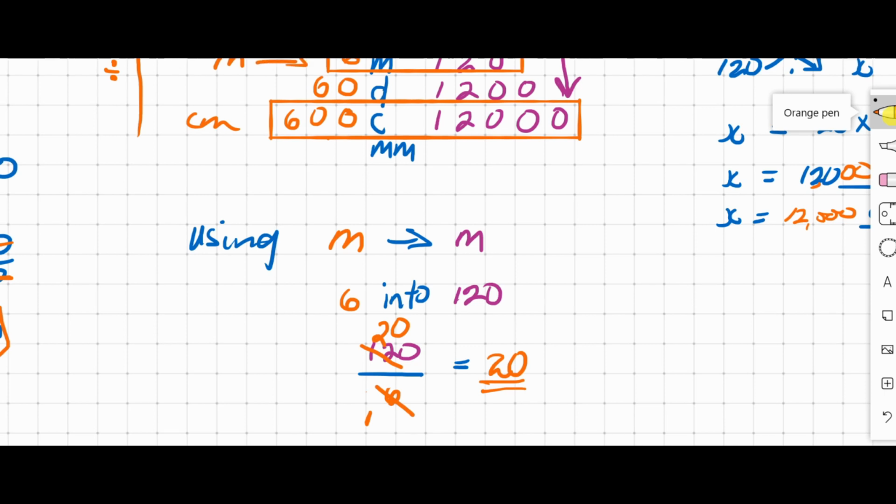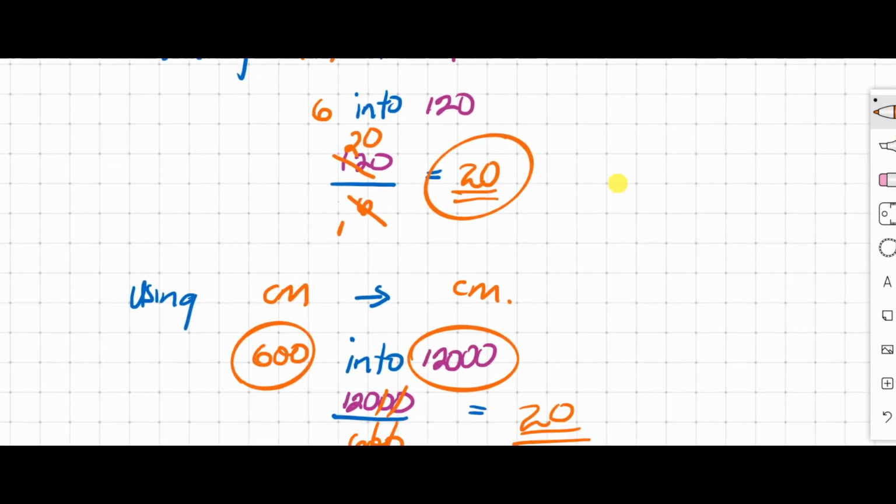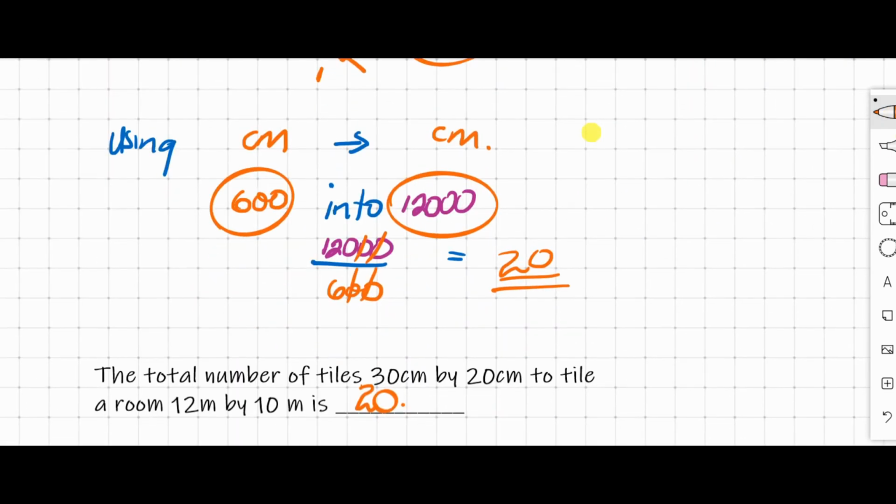So we have 6 meters to 120 meters, or 600 centimeters to 12,000 centimeters. We have to make the units the same for calculation. Meter to meter, 6 into 120 goes 20 times. For centimeter to centimeter, how many times can 600 go into 12,000?